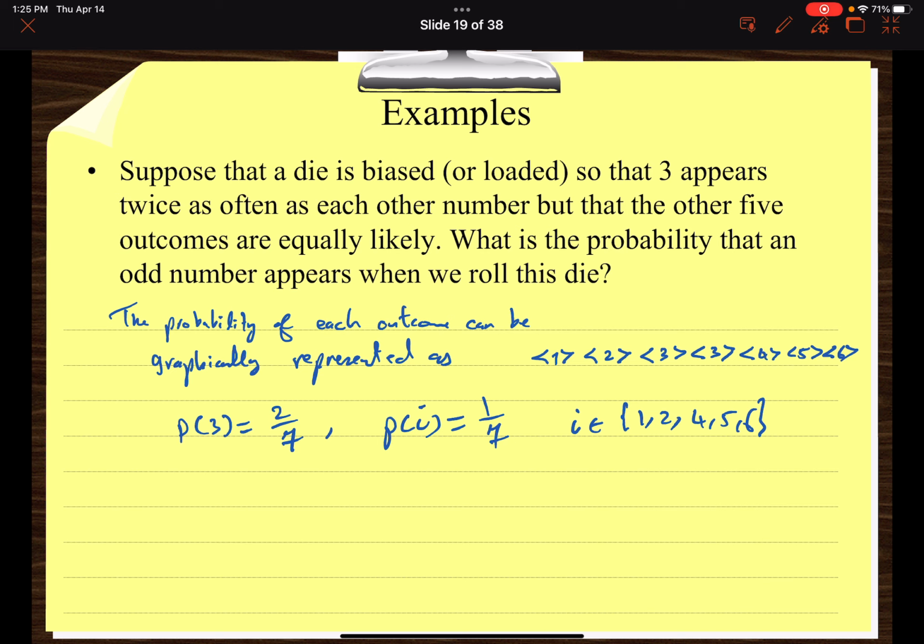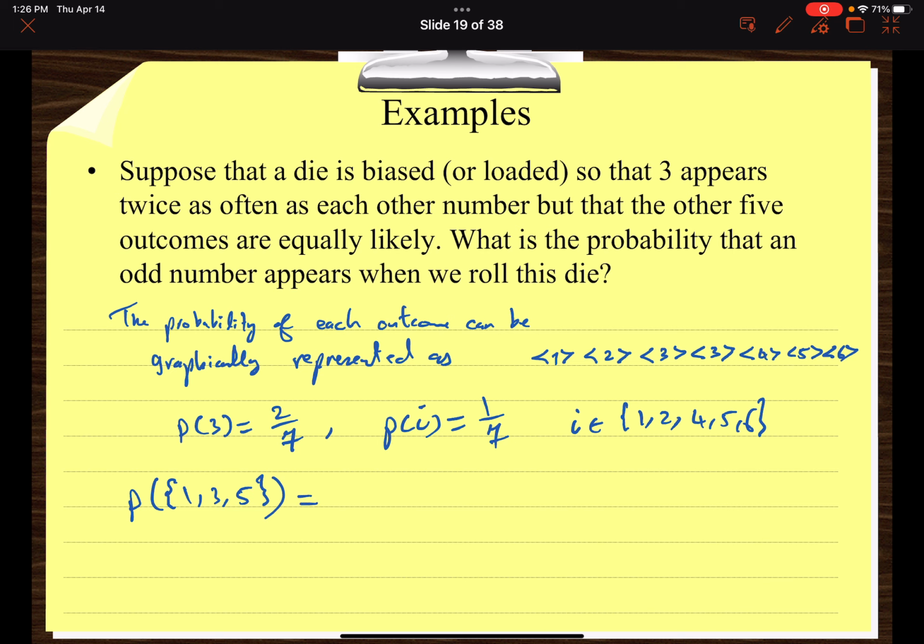Okay. Now, what is the event that I want to find its probability? It is odd, right? So this is basically which outcomes? Probability of E: 1, 3, 5, right?